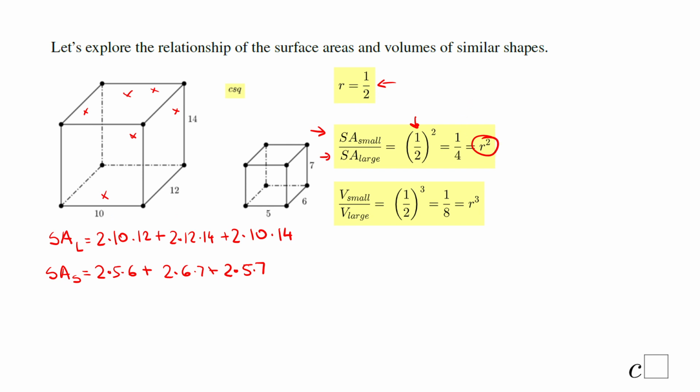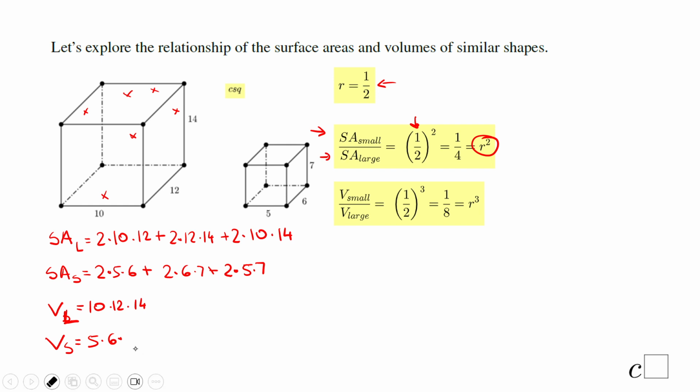But what is also very important, if you do the volume of the small or the large, let's start with the large, right? What will be that? 10 times 12 times 14, right? And the volume of the small prism, 5 times 6 times 7. We can use this shortcut for this rectangular prism.